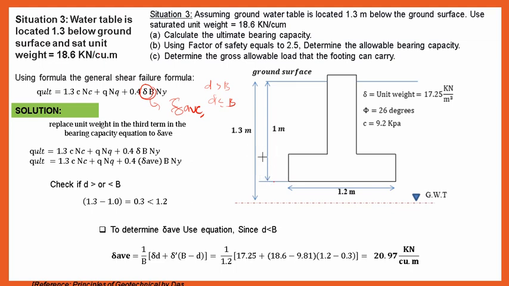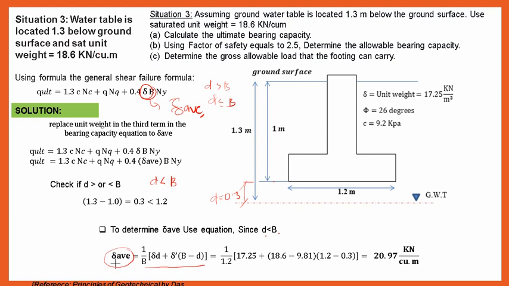So, yung magiging D natin dito is equal to 0.3. 0.3, yung B natin is 1.2. So, magiging yung D is less than B.